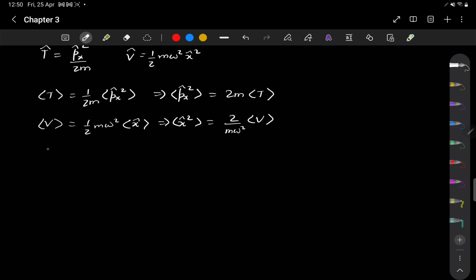Now let us take the product of the average of the position squared and momentum squared operators, this expression. So this is the following. We'll just make use of these two expressions. Now let's see what cancels out. m cancels out.